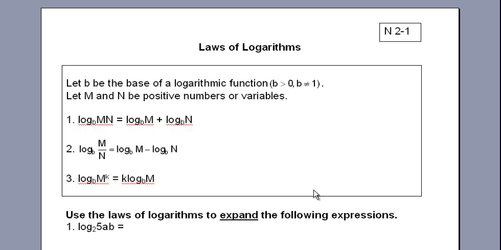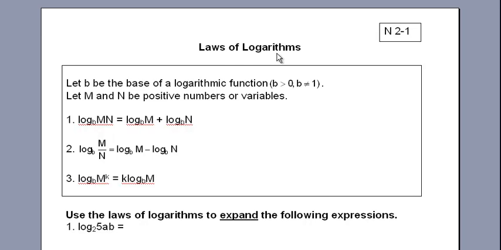Okay, good morning. Today we're going to introduce the laws of logarithms. And logarithms, if you remember, are basically exponents. And so the laws of logarithms follow very much the exponent rules.